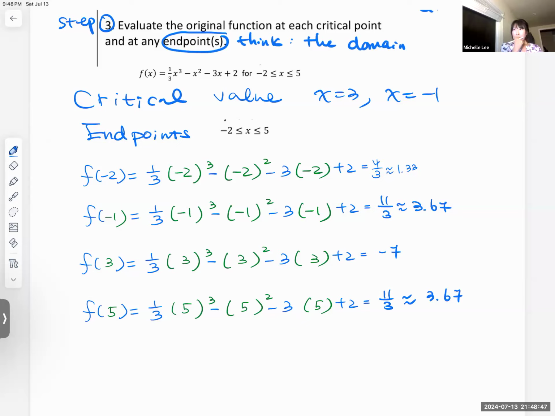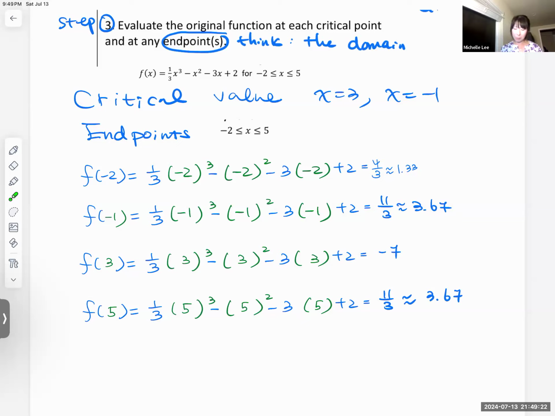Okay, so which one is the largest? We're looking at the numbers from here. So this is the largest one, right? It can be pi, right? It's not always unique. Unique means there is only one. It can be 2, it can be 3, it can be 4.